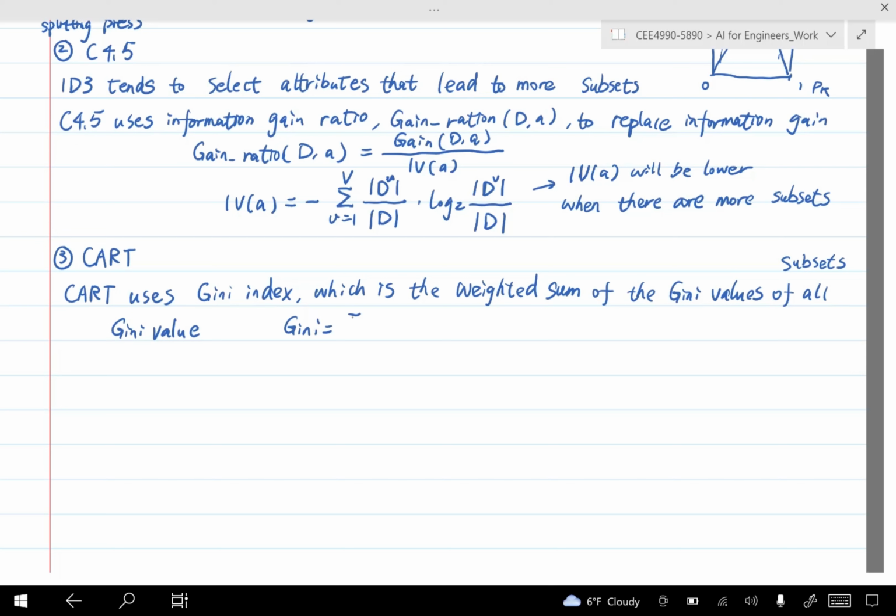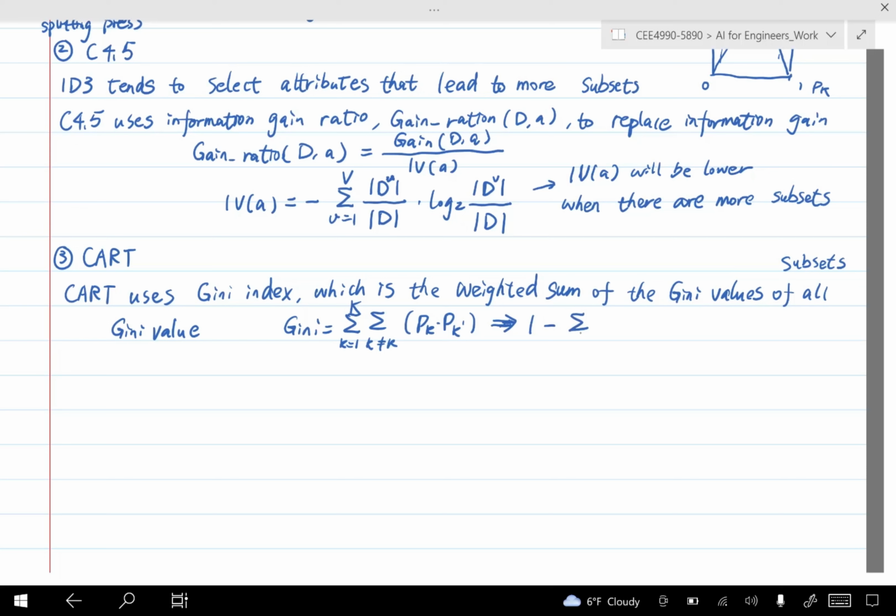The original definition is that we want to get the products of this probability pk, that means the percentage of the samples belonging to that category. And this original definition can be further formulated into one that we can easily use for calculation.